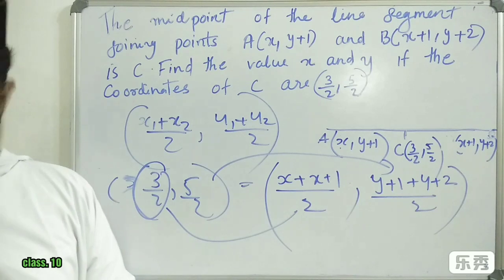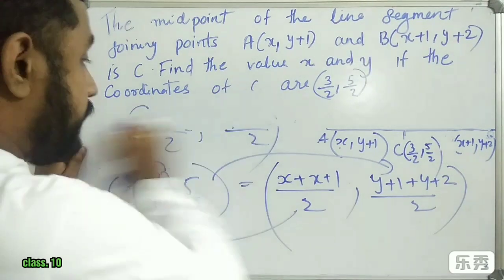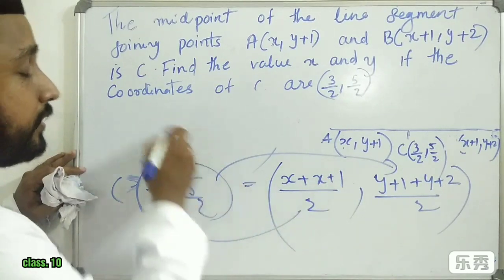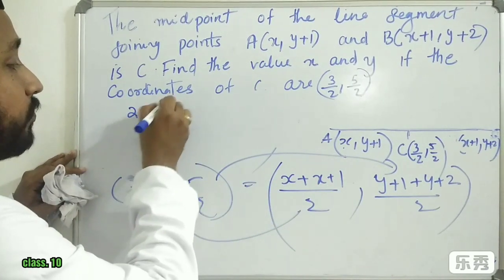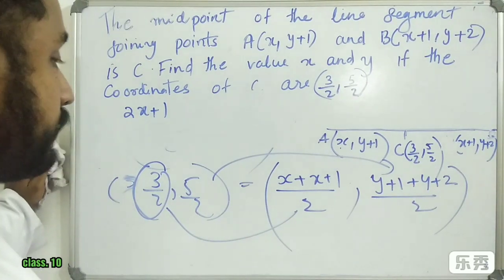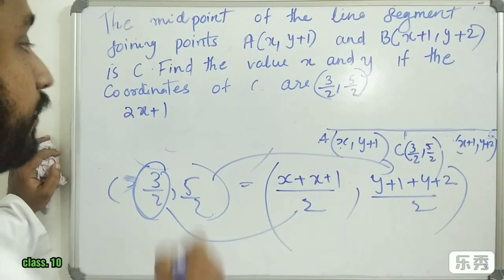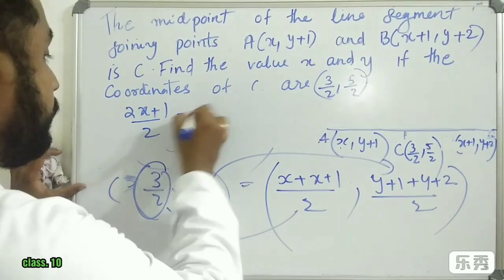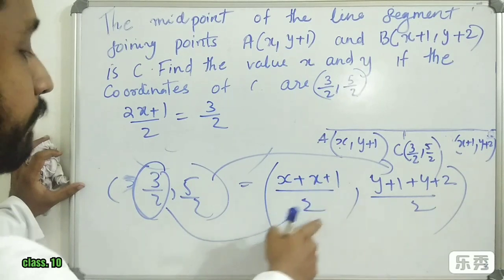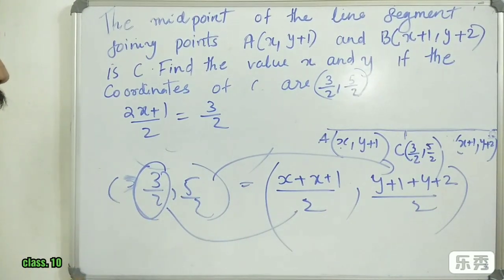Which means x plus x plus 1, that is 2x plus 1 by 2, is equal to 3 by 2.